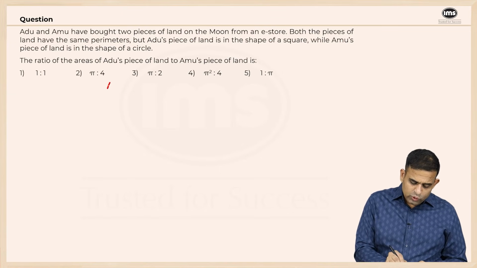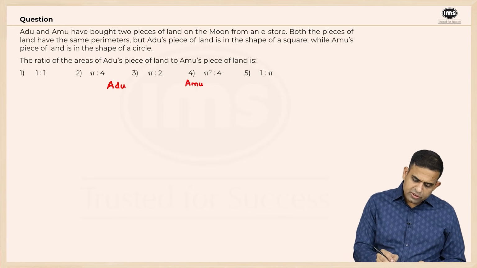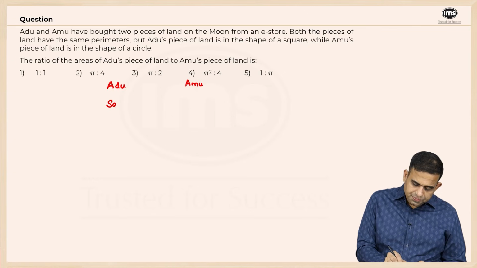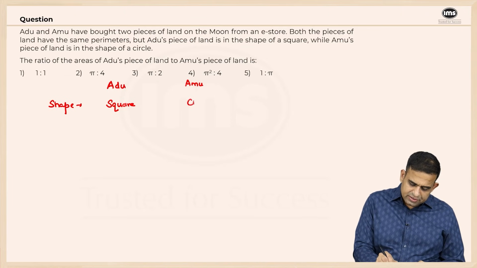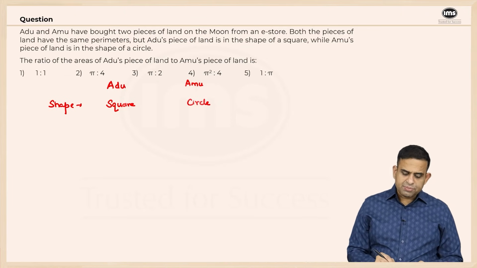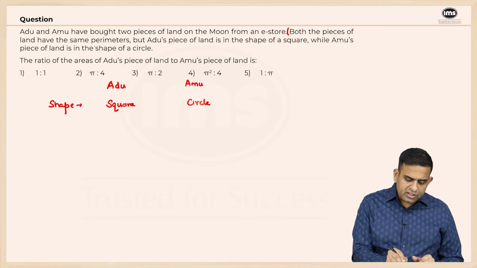So if I just write down the two names Adu and Amu, the land shape for Adu basically happens to be a square, and for Amu it happens to be, one can say, a circle. And as per the statement, both the pieces of land have the same perimeter.